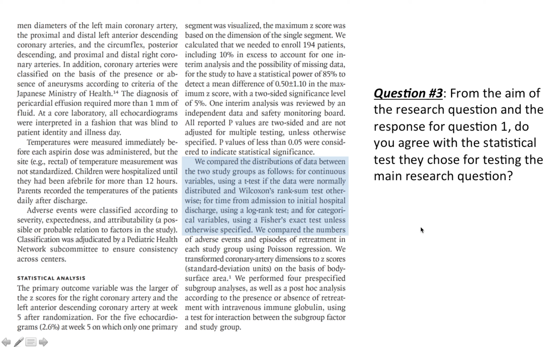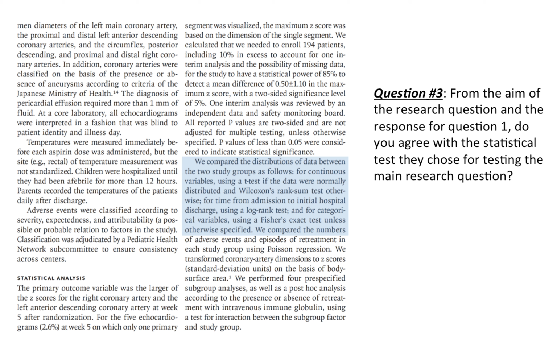So for question 3, from the aim of the research question and the response in 1, do you agree with the statistical test? And here I highlight this paragraph. The author says that for continuous variables they used a t-test if the data was normally distributed, and Wilcoxon otherwise. So let's go back to the dependent and independent variable. The independent variable were two groups, so it's categorical.